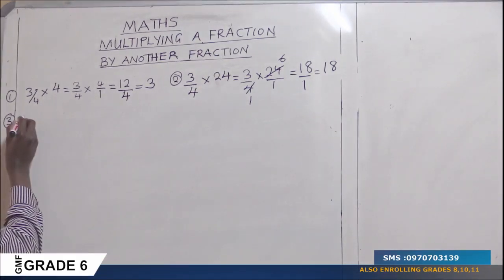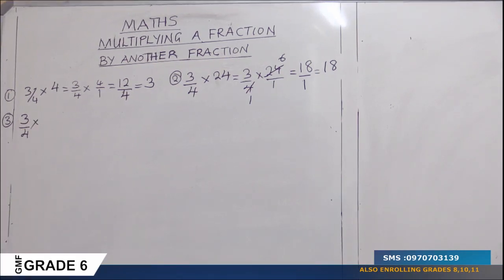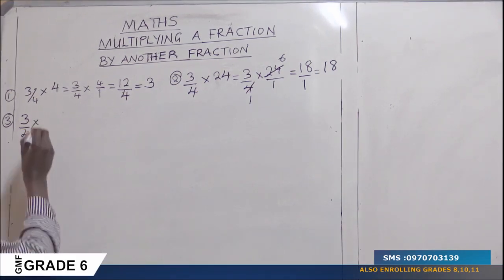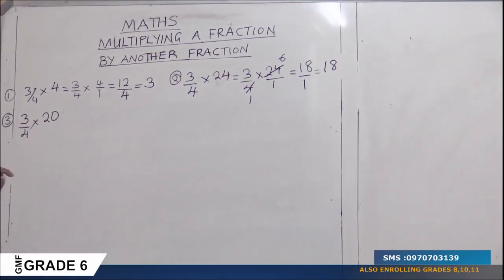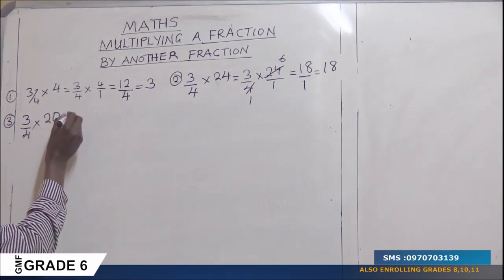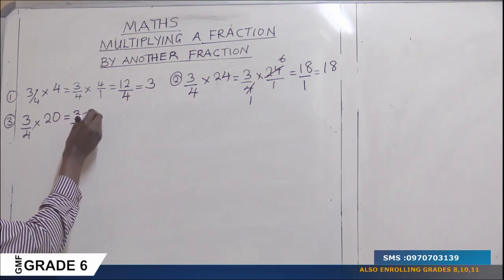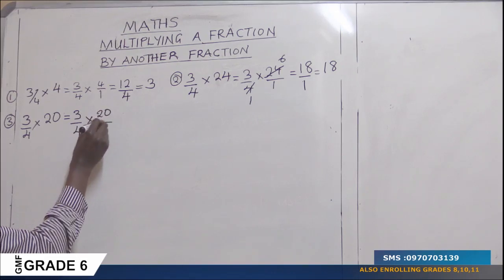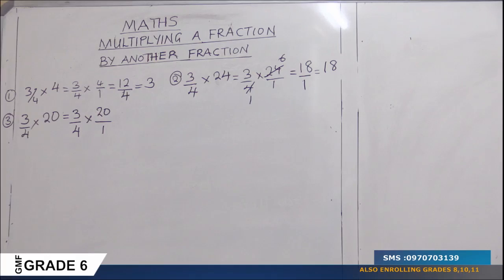I said you are supposed to multiply 3/4 times 20. So you write 3 over 4 times 20 over 1.